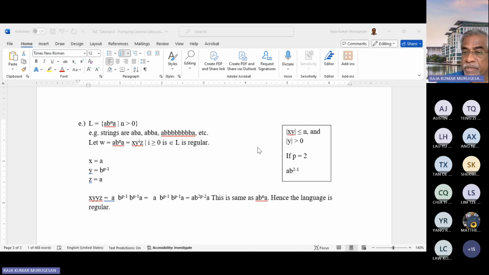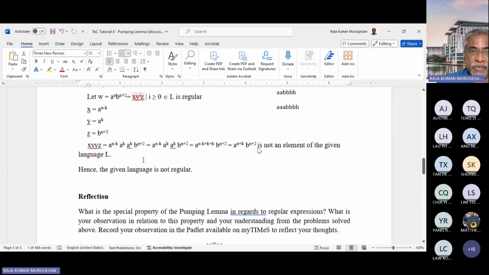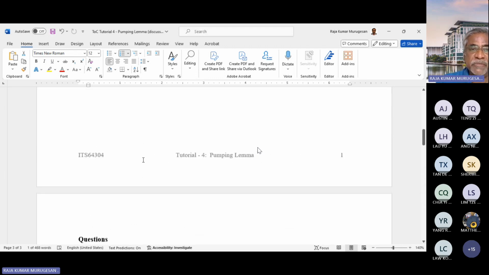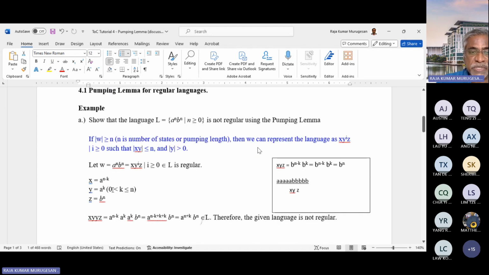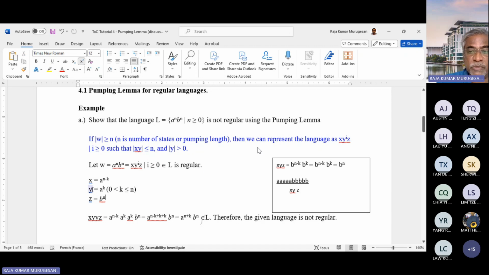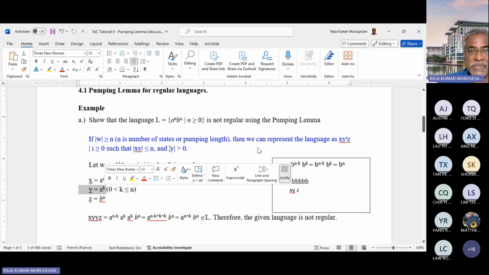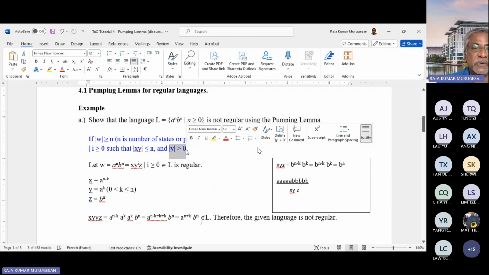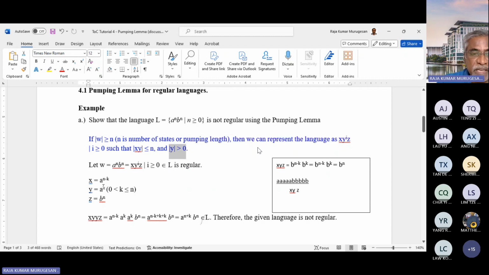If we use p, should we also specify the range? Yes, we have to specify the range like what we do here. We specify the range to ensure that y is not equal to 0, because the lemma says the length of y must be greater than 0. So that's why we say what values k can take.